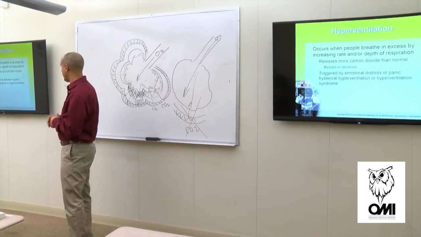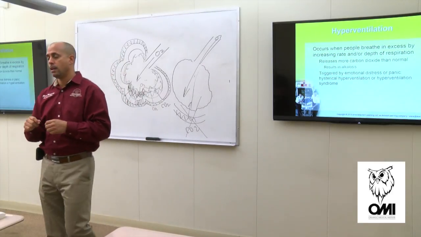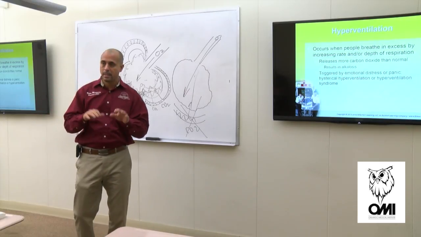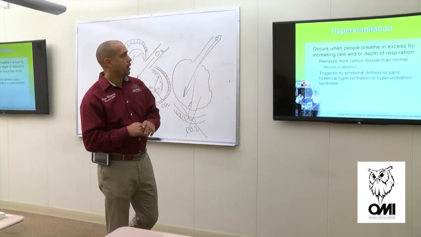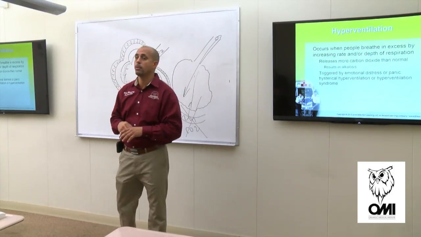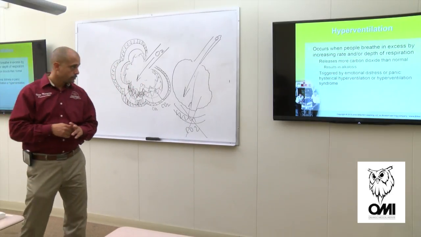We refer to that as hyperventilation. The problem with hyperventilation is we release more CO2, carbon dioxide, than normal. So we've got to maintain the balance, that homeostasis. When we release more carbon dioxide than normal, we become respiratory alkalosis.